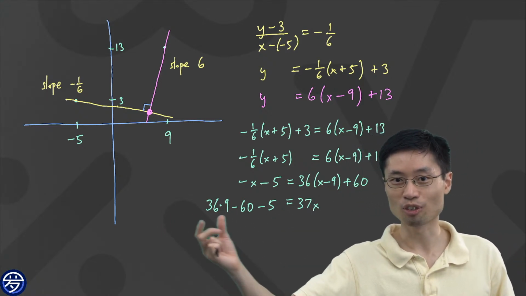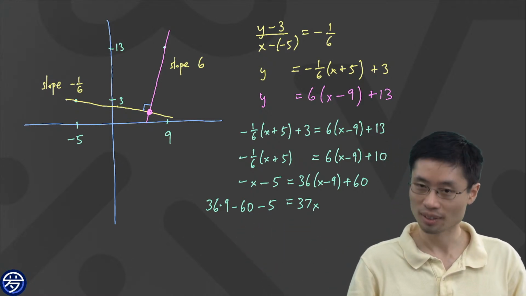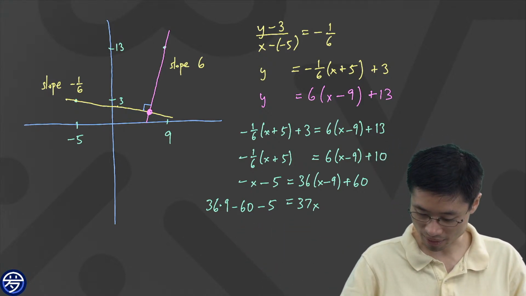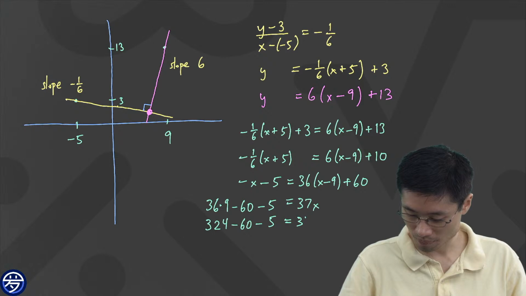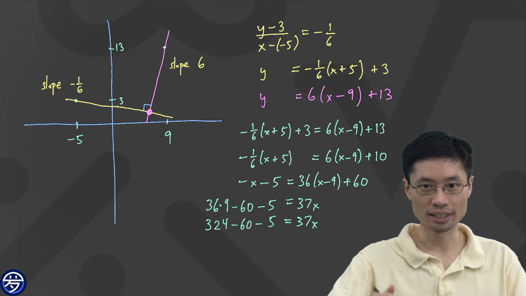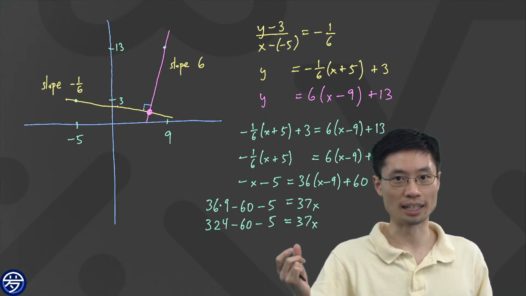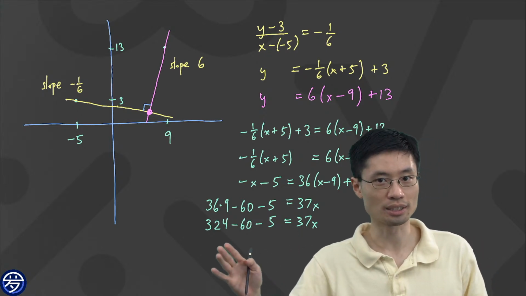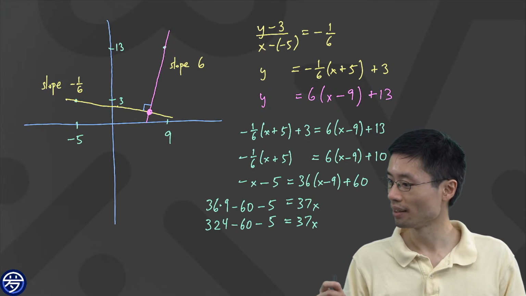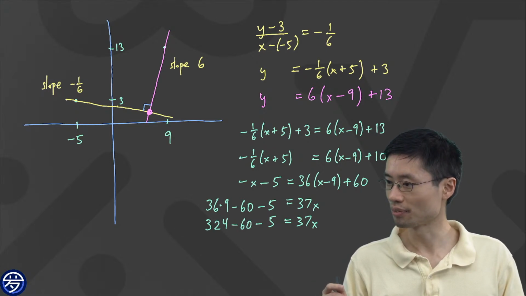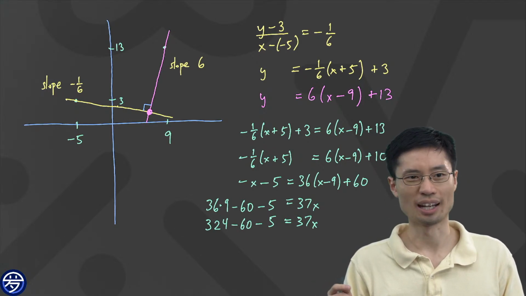So I have 324 minus a 60 minus a 5. Okay, so 324 minus 60, that's nice. That's 264, I think. 264 minus a 5. 259?